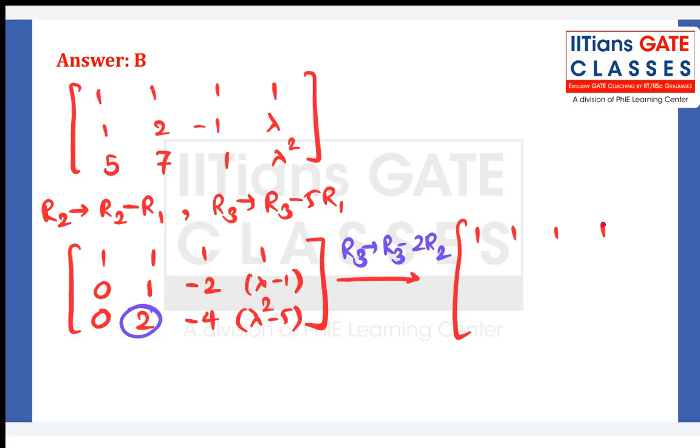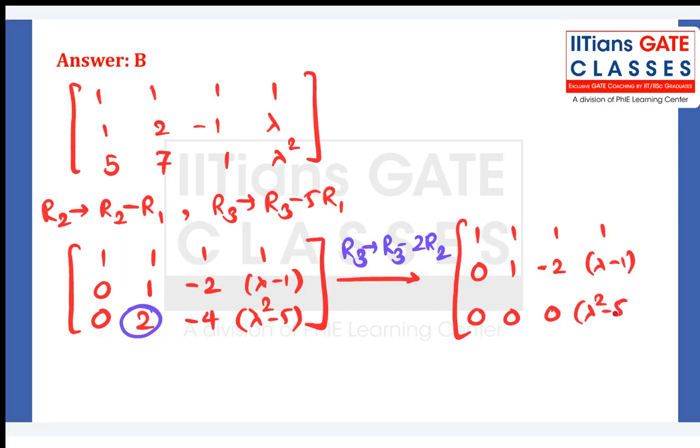The second row also remains as it is because we are not touching it. This will become lambda minus 1. Whereas the last row, 0 minus 0, 2 minus 2 is 0, minus 4 plus 4 is 0, and lambda square minus 5 is already there.